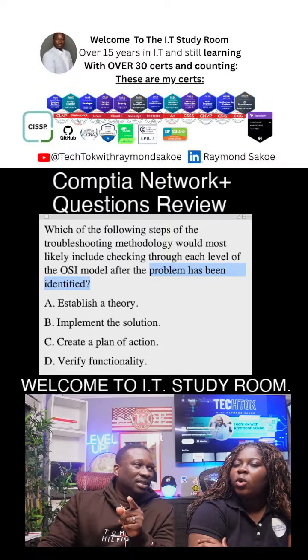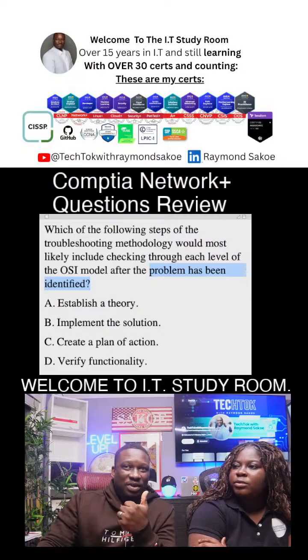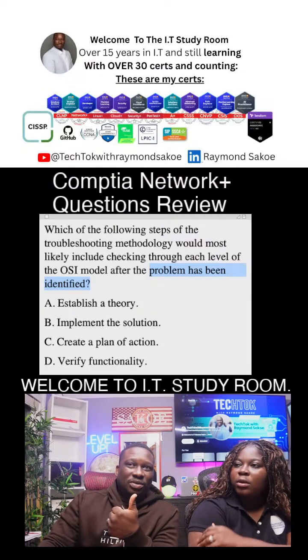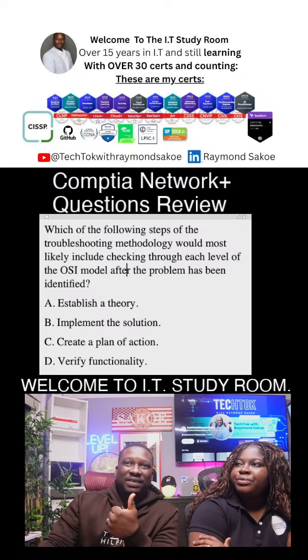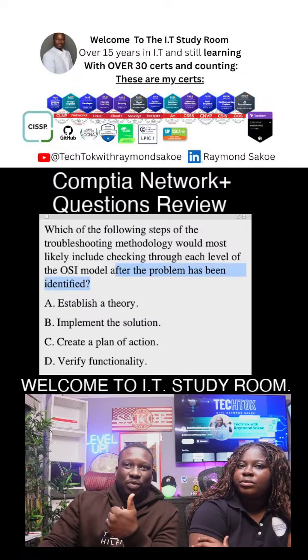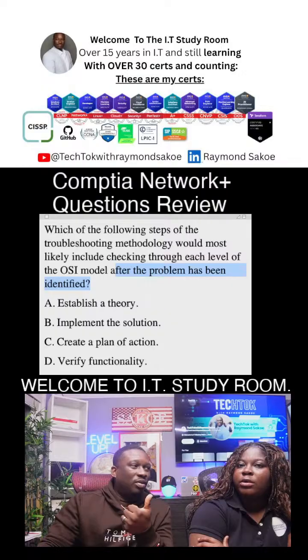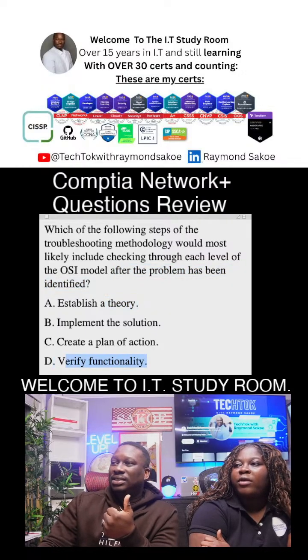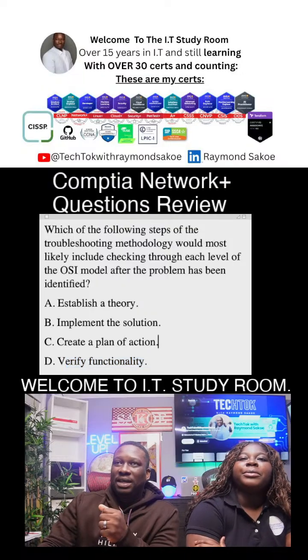There's a keyword. The first step is to identify the problem, so after identifying the problem, the next step is to establish a theory of probable cause, not the 5th step, which is verify functionality, after the probable cause. I hope that makes sense.